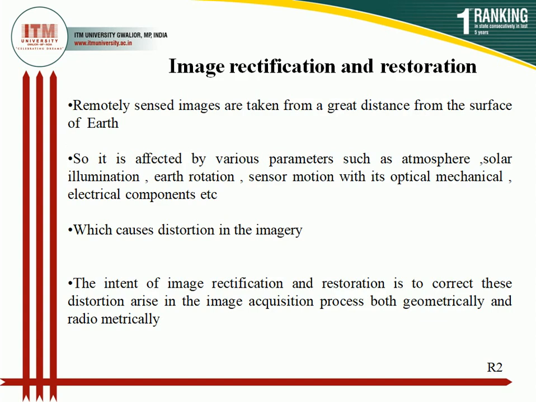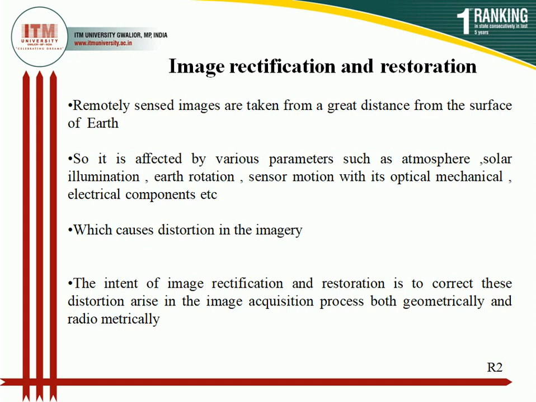So they are influenced by various factors like atmosphere, solar radiation, earth rotation, sensor motion, sensor position, the flaws in the calibration of sensor, type of sensors, which may result in flawed or defected imagery that needs to be rectified, needs to be corrected before interpretation.